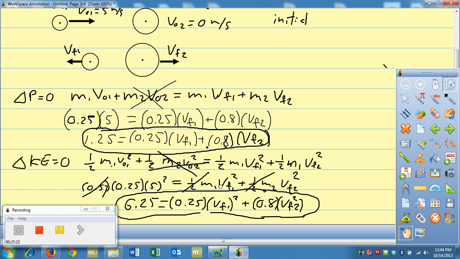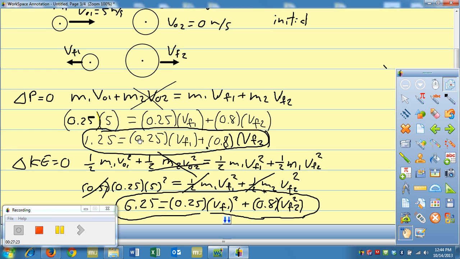And what happens here is you end up with a linear equation that comes out of the momentum conservation and a quadratic equation that comes out of the kinetic energy. In other words, the one with kinetic energy has squares, and the one from momentum doesn't. So I'm going to solve the simpler one, the one without any squares in it, and then substitute the answer.